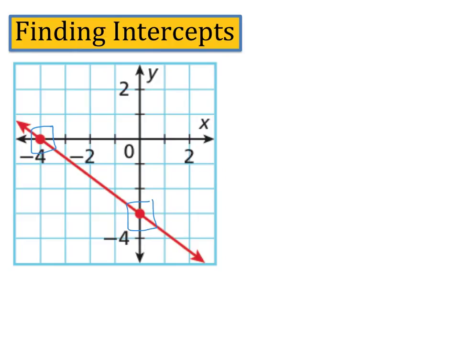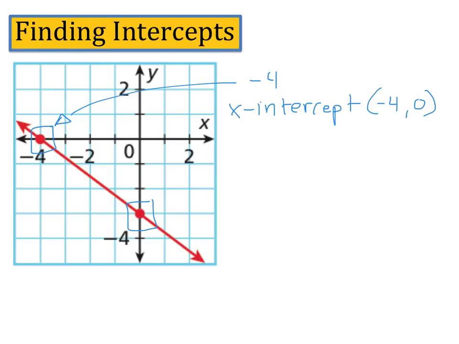You can see here that the line crosses the x-axis at -4. So we say that the x-intercept is (-4, 0).